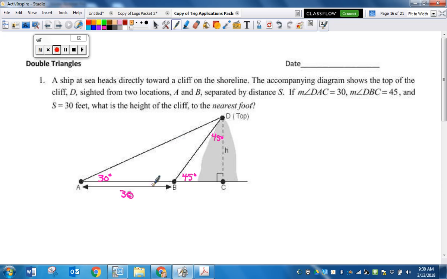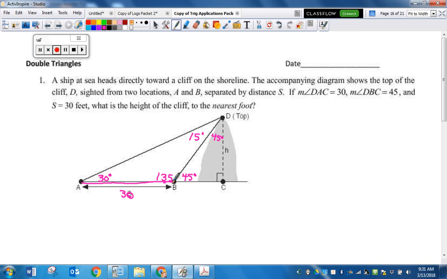I know that 45 and our other angle are linear pairs, which means they are supplementary, so now I know that angle ABD is going to be 135. And in triangle ABD, the angles have to add up to 180, which will make this angle up here 15 degrees.